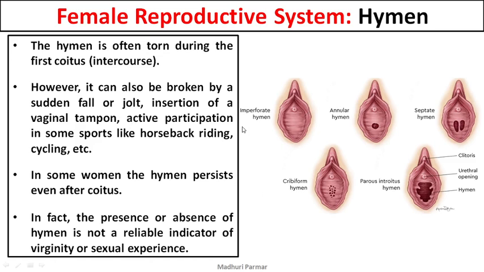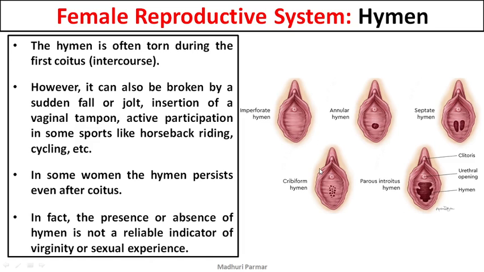Then, in active participation in some sports, especially horseback riding, cycling, or adventurous sports like mountaineering, it is very often seen that the hymen gets broken. In some cases, because it is a flexible membrane, even after coitus the hymen may be intact, nothing happens to it.